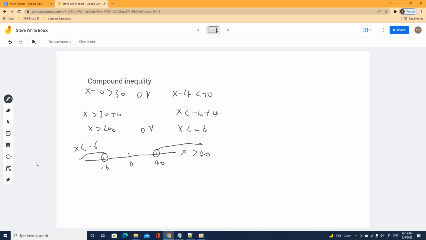The second type of compound inequality looks like this. When you see this kind of inequality, you can understand this expression looks like this.